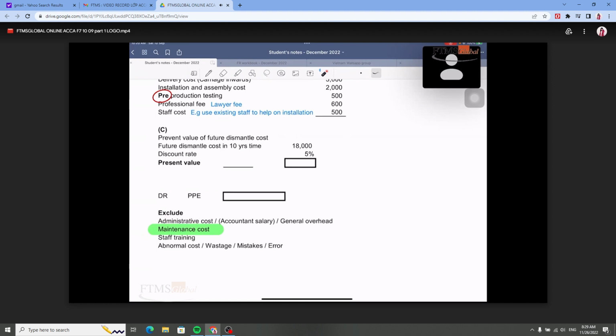So therefore, for maintenance costs, you will need to exclude. Hopefully now you understand, because maintenance cost is incurred after first use. That's why you need to exclude.